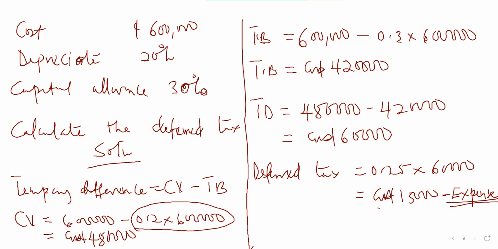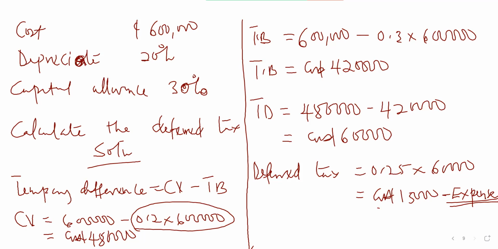Okay. Can someone also tell me how we can calculate the temporary difference without doing the carrying value and the tax base? You see, you have to be very creative. If you subtract the depreciation percentage from the capital allowance percentage and multiply by the cost. Yeah. So that is also another way of doing it.